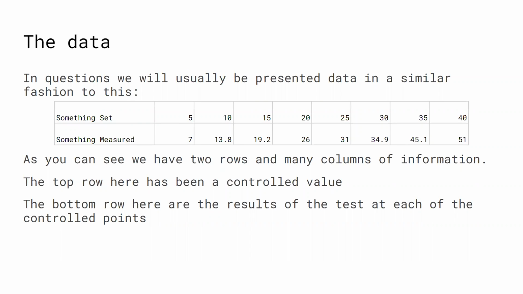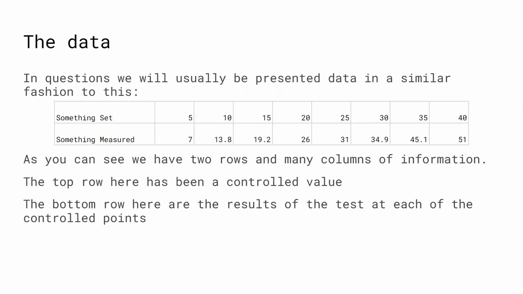So the data we'll be using will be presented to us in a similar fashion to this. We'll have a set value and we'll have a measured value. And it's presented to us in two rows and many columns of corresponding data, but it could also be switched and we could have two columns and many lines of data instead. Now here, the top row has been and should be my controlled value.